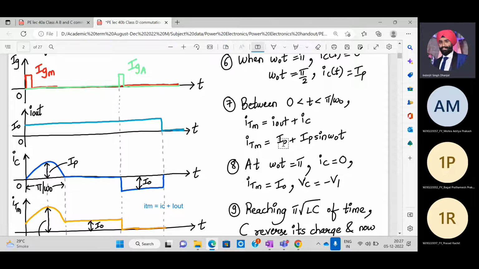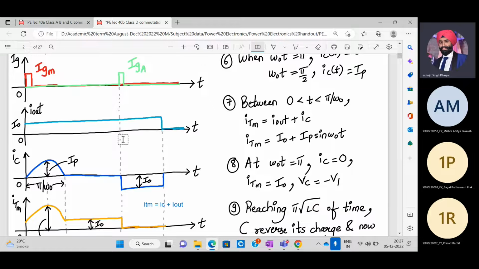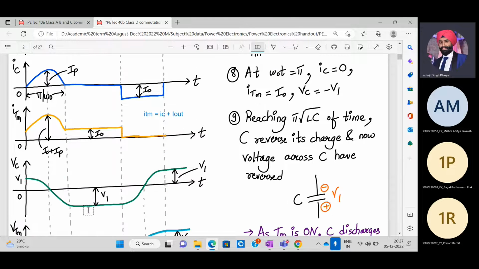This much detail you may not need otherwise, but to understand the diagram and draw the waveforms, you require this much detail. All right. At omega naught t equal to pi, IC is 0. So ITM will be I naught and VC will be minus V1.